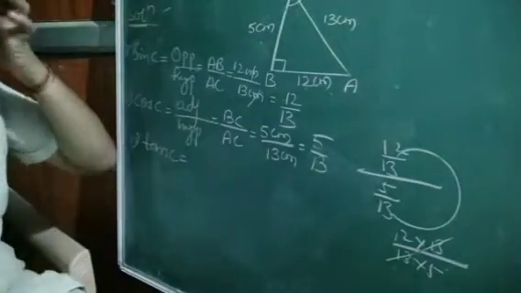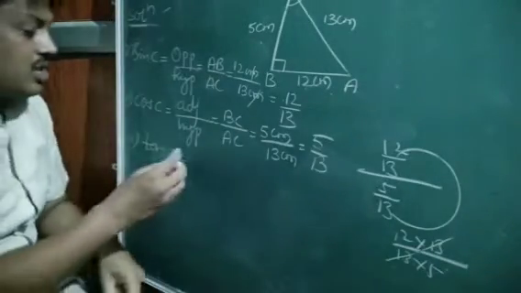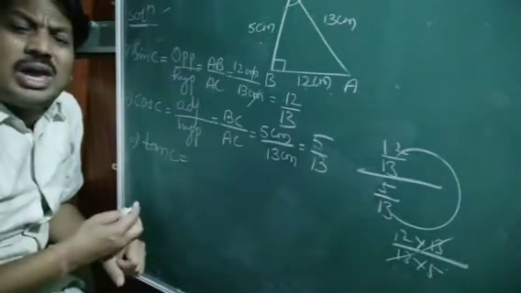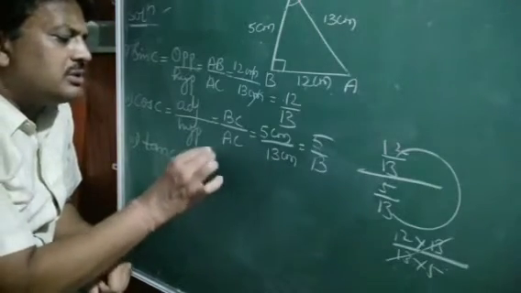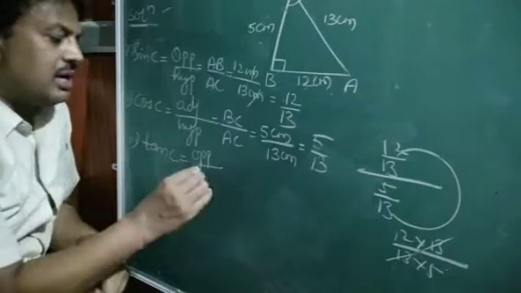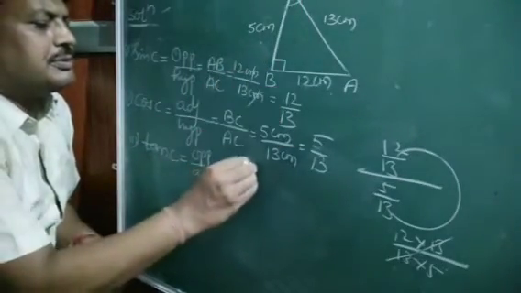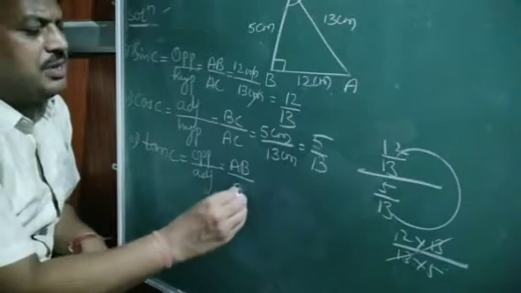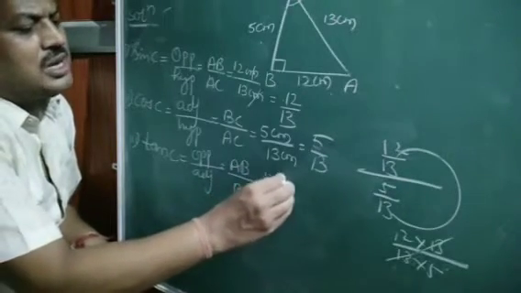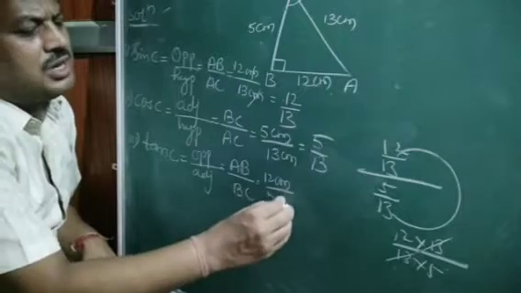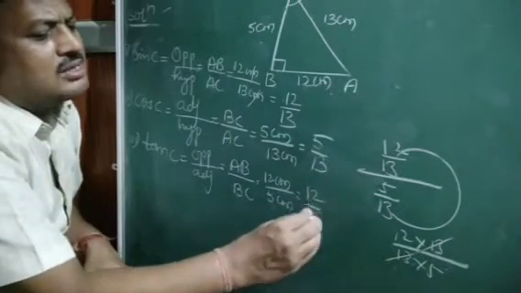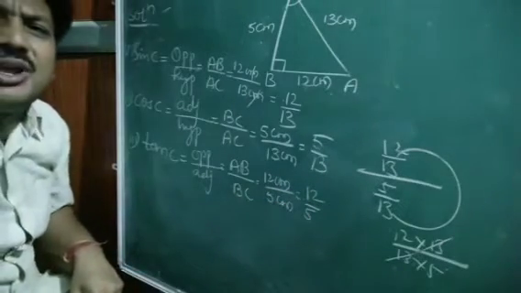How much children directly we can find out? 12 by 5. Otherwise, tan C, opposite upon adjacent. Opposite is AB, adjacent is BC. AB is 12 centimeter and this is 5 centimeter. Centimeter cancel. 12 upon 5 children.